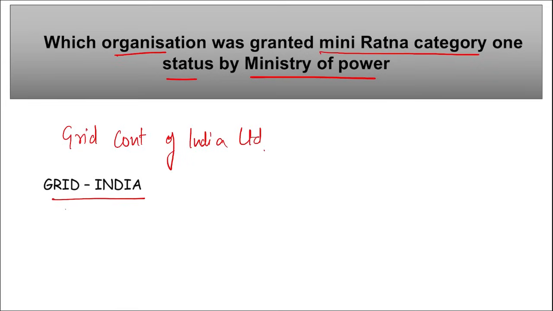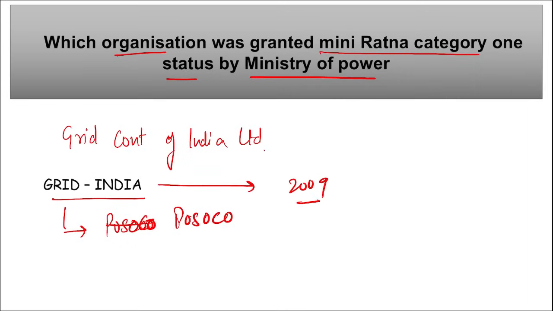Remember, Grid India was formerly known as POSOCO, that is Power System Operation Corporation India Limited. It was established in 2009 and looks over the overall operations of the Indian power system.